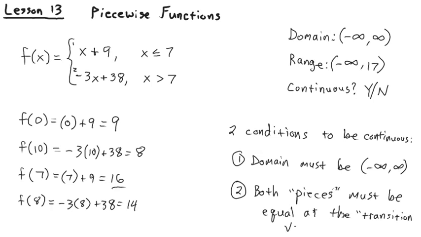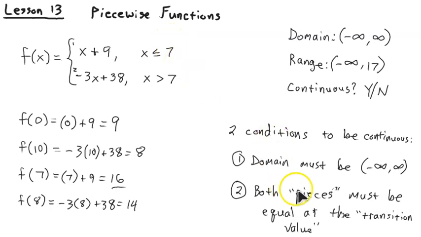I call it the transition value. In this case, 7 is the transition value. 7 is the x value where we switch from this piece to this piece. At 7, we stop using this piece and we start using this piece. So 7 is the transition value.